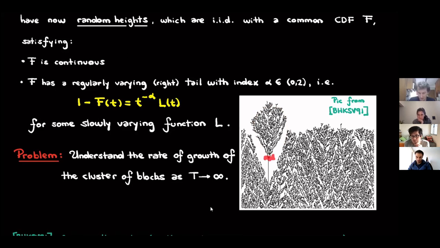The fact that you have some very large weight, or large height, makes this a separate process which starts again, more or less. But what's the geometry of this? We don't know. We're just starting with the rate of growth.